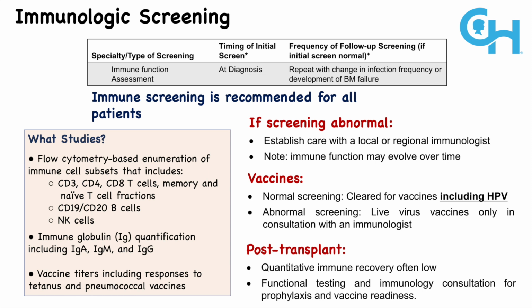But one of the important things we now understand is that we need to assess for functionality of the immune system even in the context of relatively low numbers of cells, because we might still be cleared to restart vaccinations post-transplant, and this has implications for the antibiotic prophylaxis that we use after transplant as well. So this in our center is something that we do in coordination with our immunology team.